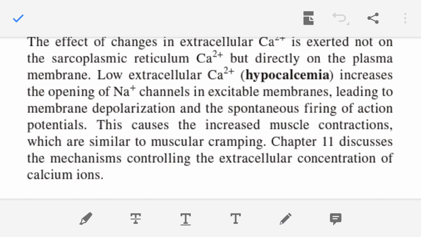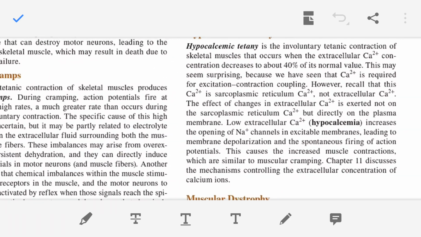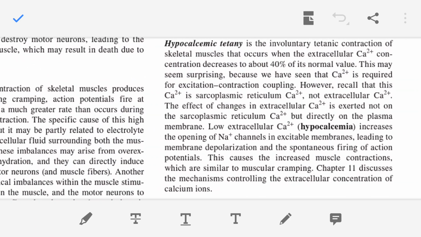So in short, what is happening in tetany is that the blood calcium level, the extracellular calcium level, is decreasing, and this causes the Na plus channels to remain open. This leads to depolarization of the membrane, and the action potential fires spontaneously.